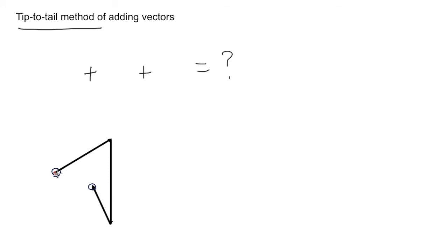So this arrow from the beginning of the chain to the end, it's called the resultant. The resultant is what we call the sum of vectors.